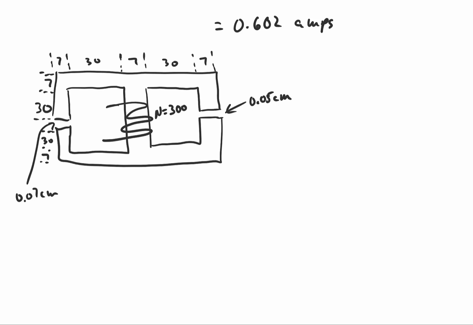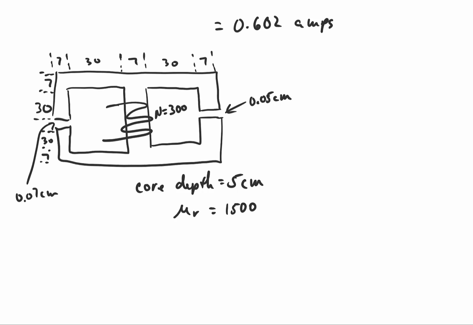And the core depth is going to be 5 centimeters. We will assume that the relative permeability of the core is 1500. You see the dimensions. There's 2 air gaps, 0.05 and 0.07 centimeters.